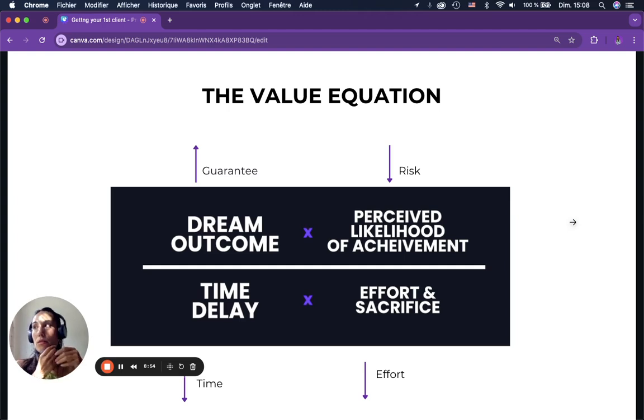But in all reality, obviously, you have to offer more than the price that you're selling it for. The person you're selling to has to feel like the price they're paying is a lot lower than what they're receiving.